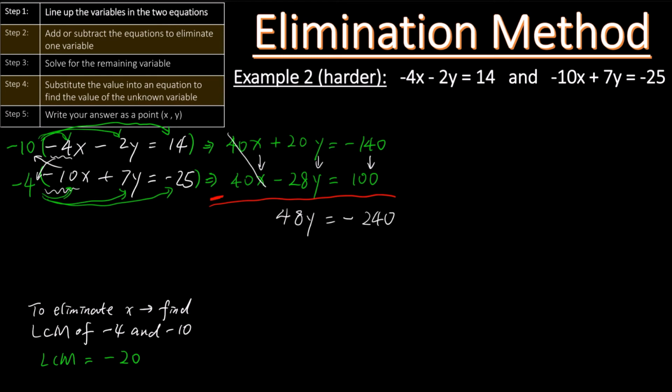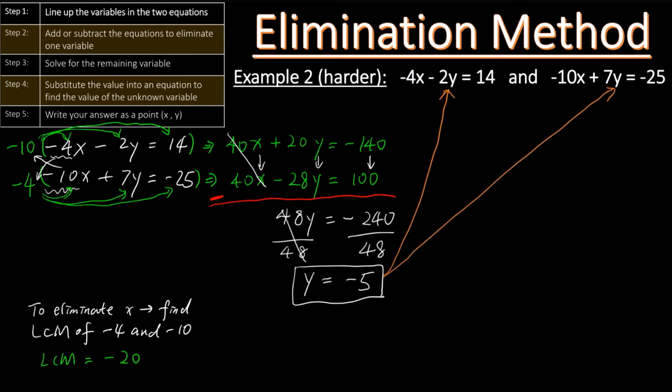Here we can solve for the value of y. We can divide both sides by 48, and we end up with y equals negative 5. Step 4. Substitute y equals negative 5 into our original equations. You can pick either one. I choose the first one because it has a smaller coefficient.